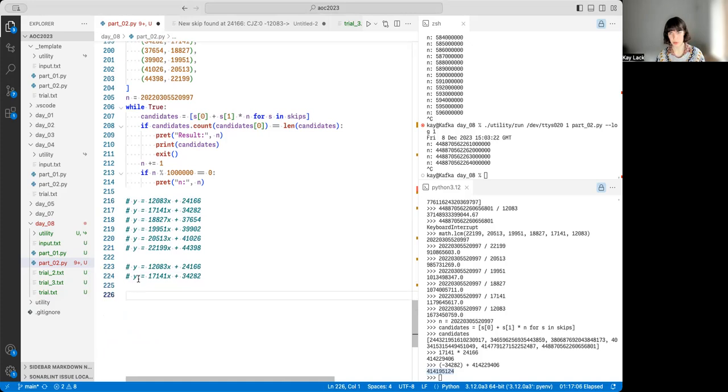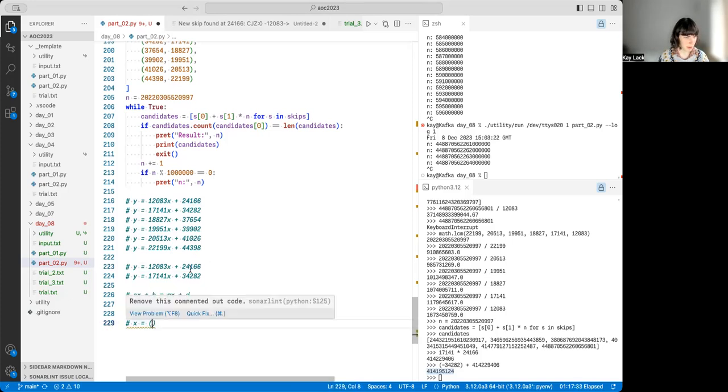Okay, so ax plus b, cx. So the formula is, given this, we can do this. So x equals e, no, wait.